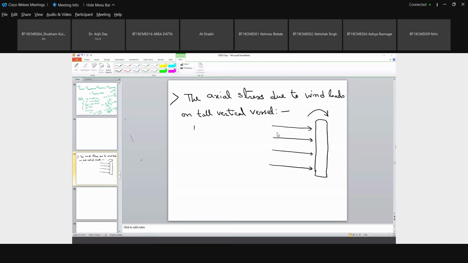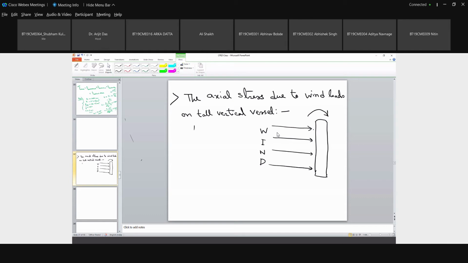Okay. So, thank you. Suppose this is a tall vessel and it is self-supported, standing there by its own supports. And suppose there is a wind flowing from this side.